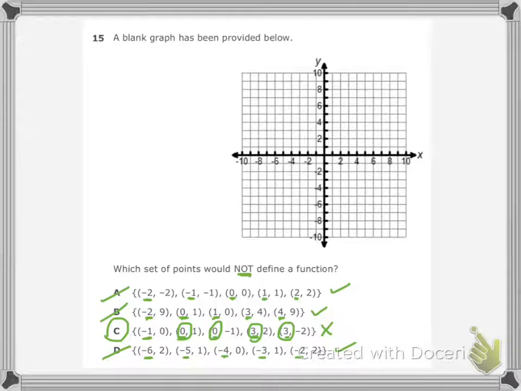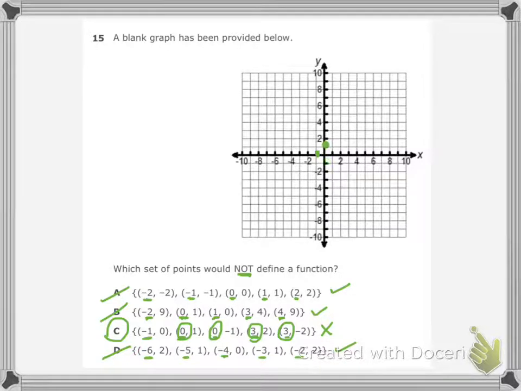If I graphed the points in C, I would have -1, 0. That's a point right here. I would have 0, 1. That's right here. Whoops. It's hard for me to do points on here. Hold on just a second. Okay. And then 0, -1 is right here.